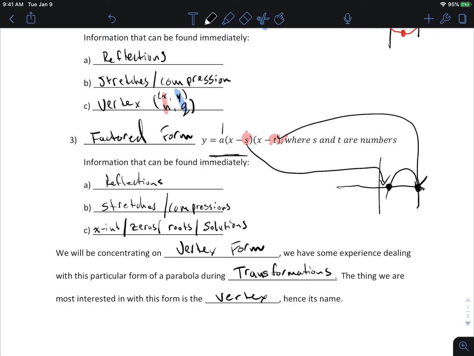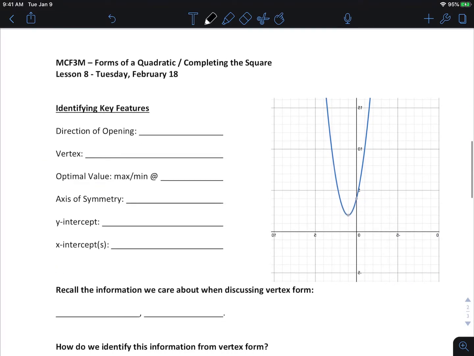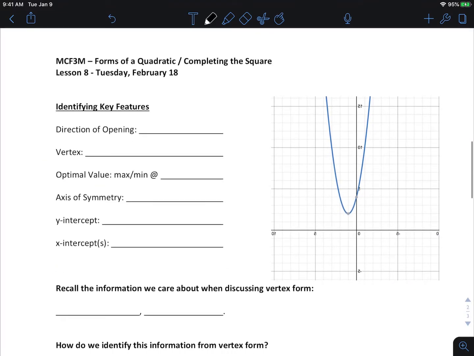Vertex form should look very familiar with regards to when we were doing all the transformations, right? So that's the second blank, and the thing we're most interested in is the vertex. We did a little bit of this on Friday, or Thursday, whatever day it was. We kind of rushed it in, and it's important. So we're just going to identify key features with this.